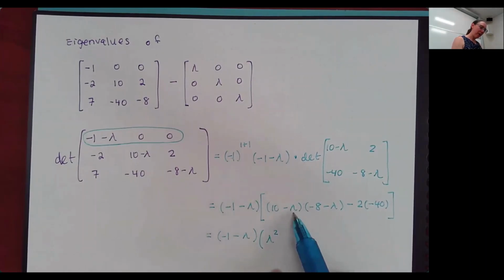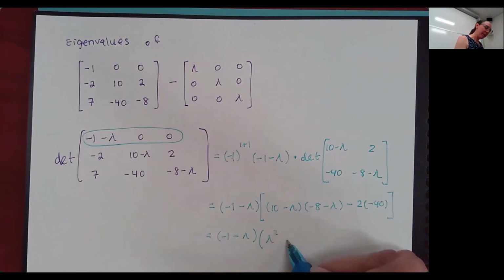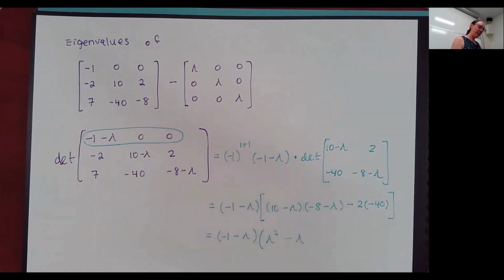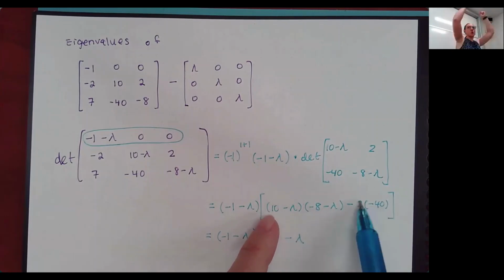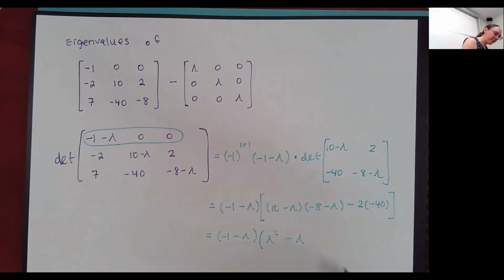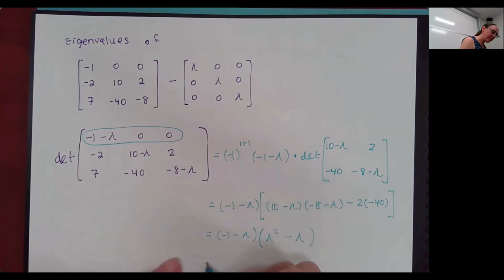I've got a positive 8 and a -10, so that's minus lambda. I've got a -80 and a positive 80. Sweet, this one's super nice. -1 minus lambda, I can factor a lambda out and then I have a lambda minus 1.